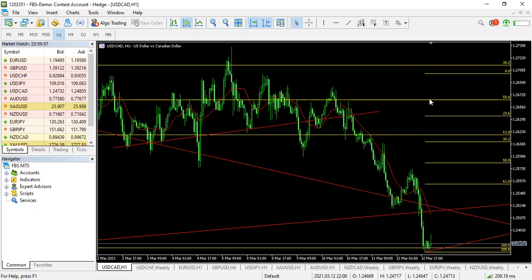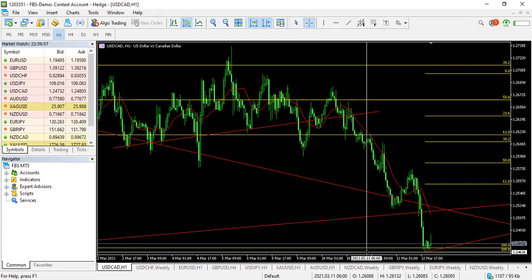And we're going to start with the USD CAD. Guys, with this pair, I'm starting with it on purpose because it is the most interesting pair in this chart for next week. Basically, it's on a very strong key level, which is the support zone at 1.24700 and 1.246.